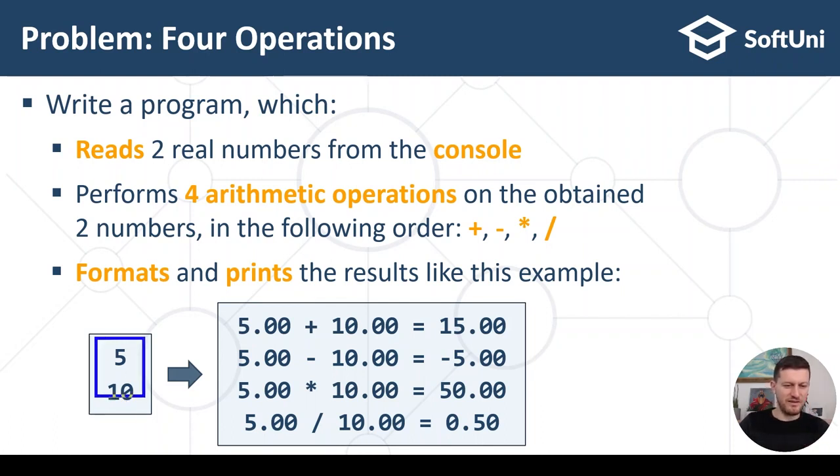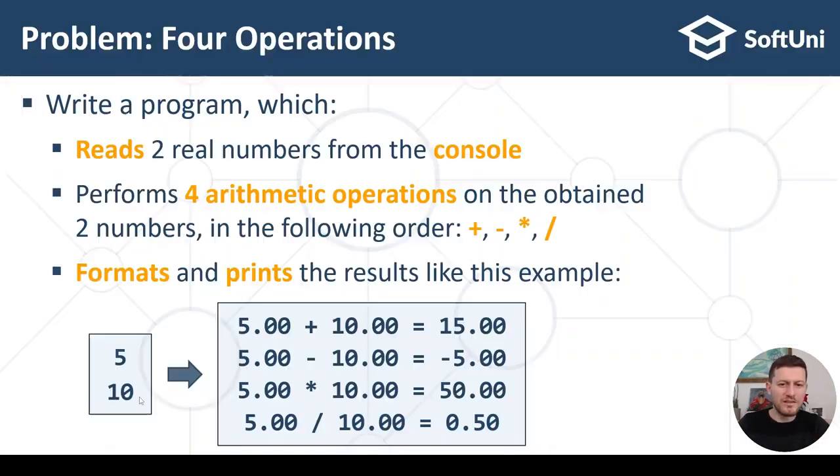If we have 5 and 10, we should print 5 plus 10 equals 15. 5 minus 10 equals minus 5. So we always use 2 digits after the decimal point, and that's all.